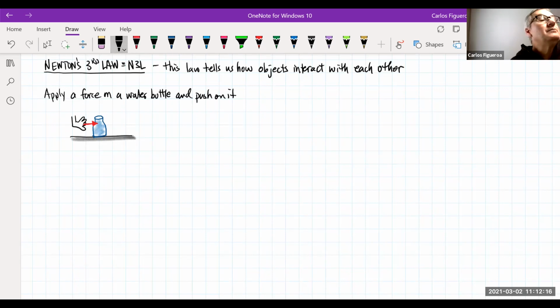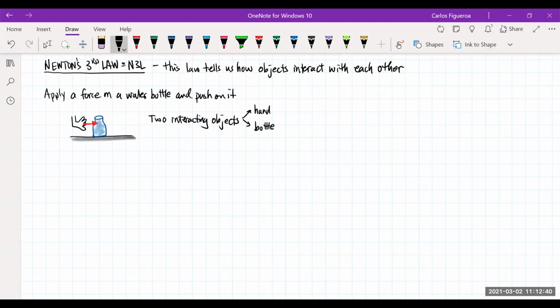So here's what we know. What we have here is two interacting objects. There's my hand, and then of course, there's the bottle. And here's what we can conclude about this.